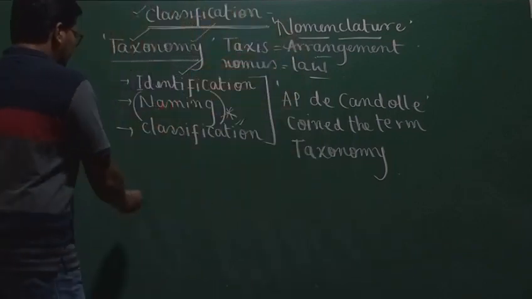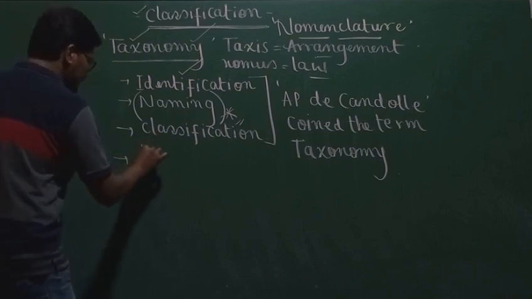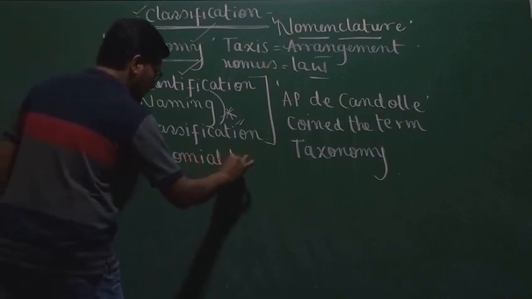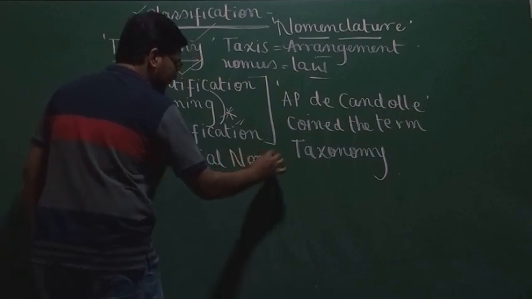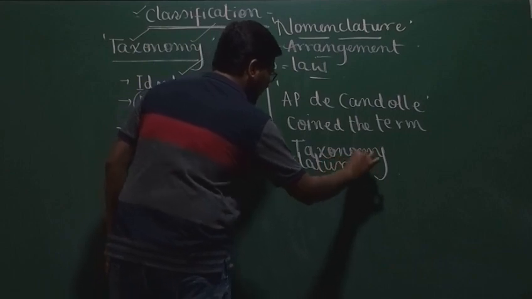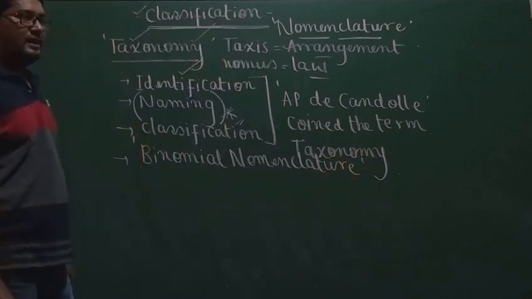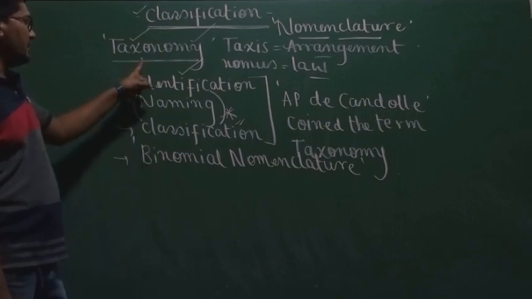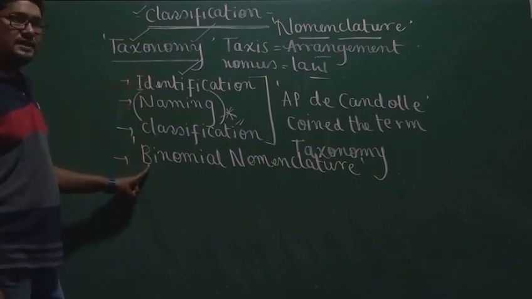So today in the field of biology, the system of nomenclature followed is binomial nomenclature. So throughout the world, in the field of taxonomy, what type of nomenclature system are we following?